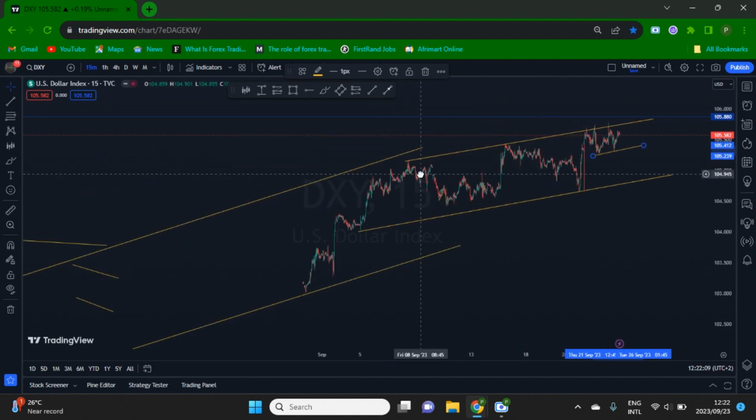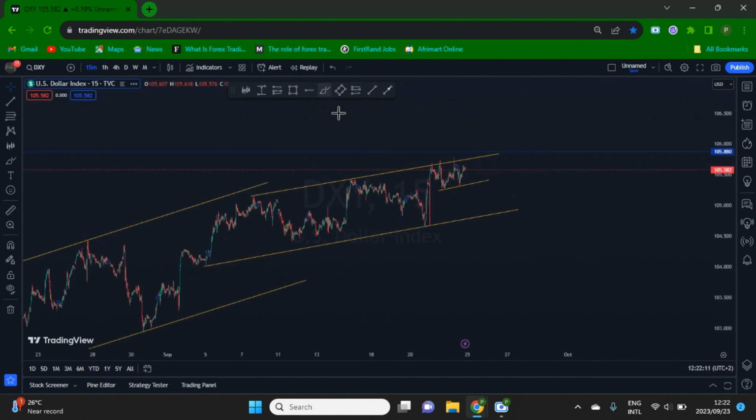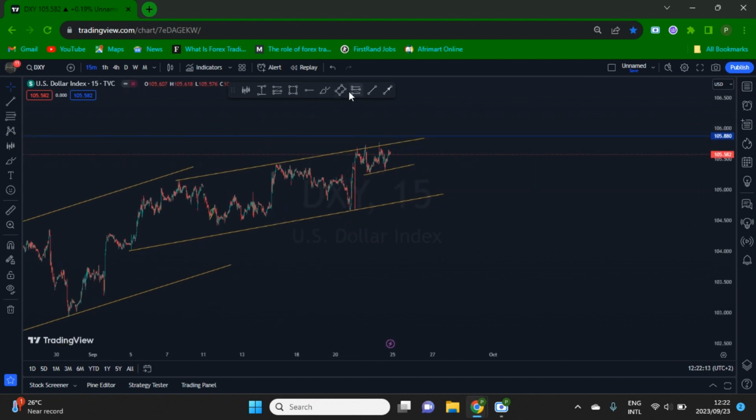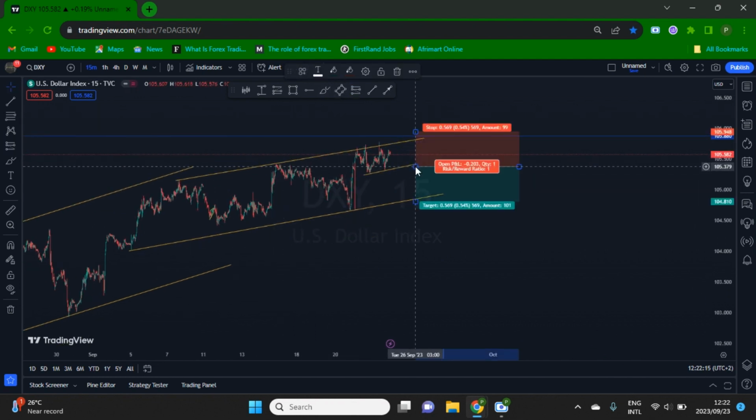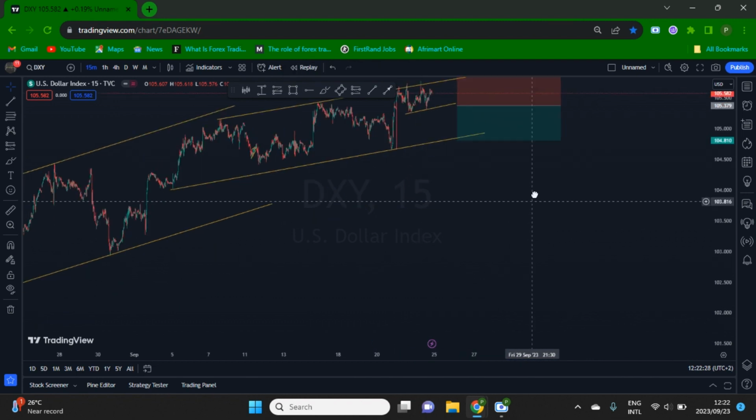So what I intend to see right here, I am gonna place my entries below this one. This is a risk entry, but above this resistance, right? Slightly above this resistance. So this is how I'm gonna have it, something like this, right?